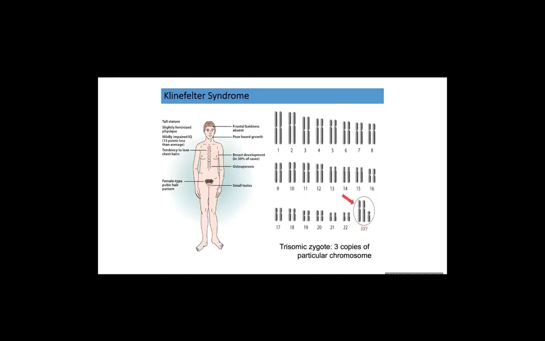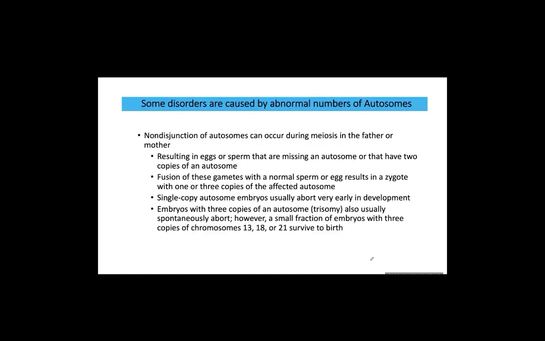So Klinefelter syndrome, if you look at the sex chromosomes, has one extra chromosome. Okay? So 3 copies of a particular chromosome. And non-disjunction of autosomes can also occur. So far, we have studied non-disjunction of sex chromosomes, but non-disjunction of autosomes can occur during meiosis in the father or mother. Okay?